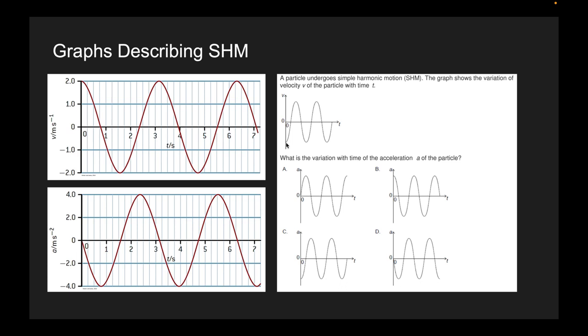That's because when the velocity is maximum, acceleration is 0. The correct answer will be A, because when the velocity is maximum, acceleration is 0. When velocity is 0, acceleration is maximum. When the velocity is maximum, acceleration is again 0.